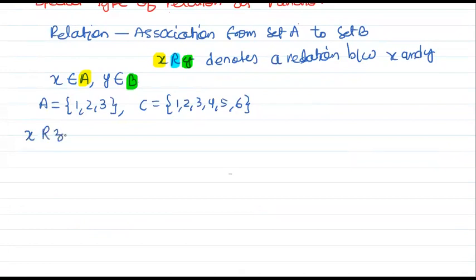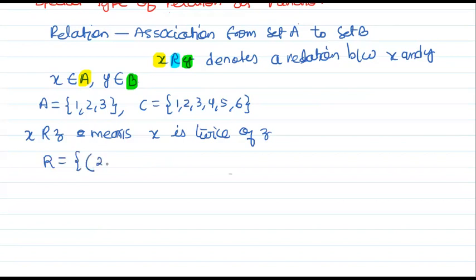If I define X R Z, that means X is twice of Z. So R will be (2, 1), because I have said X is twice of Z. 1 is not twice of any number in Z. So here we have to mention especially that X belongs to set A and Z belongs to set C. That much we are supposed to know.